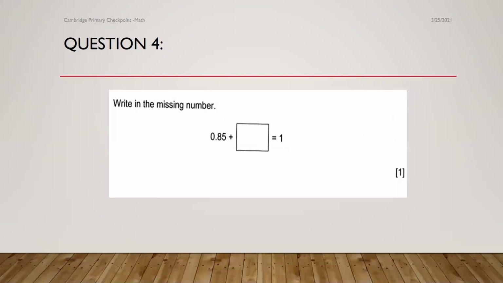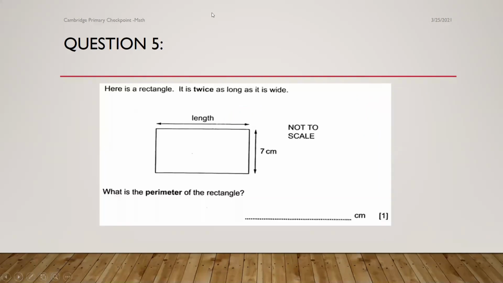Let's move to the 5th question. Right. My 5th question. Here is a rectangle. It is twice as long as it's wide. So remember those bold words, you identify clearly.